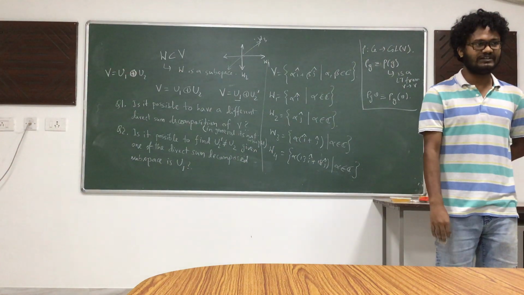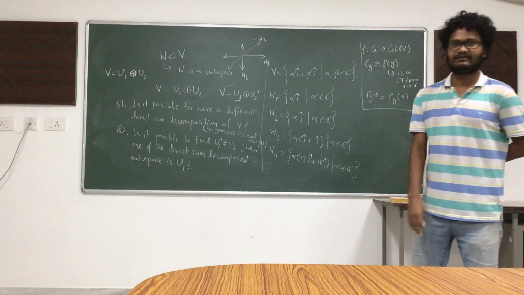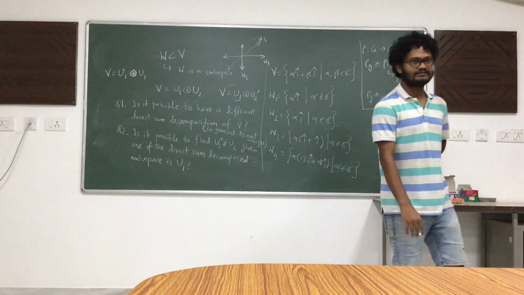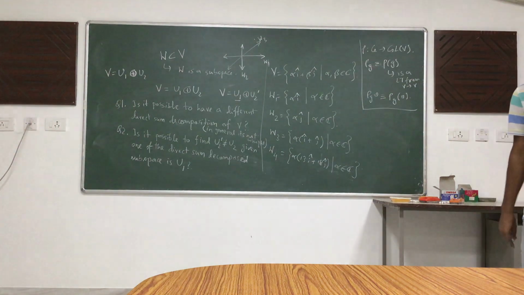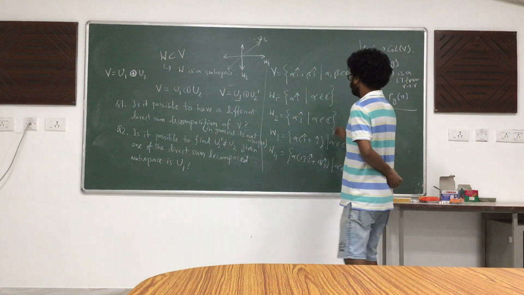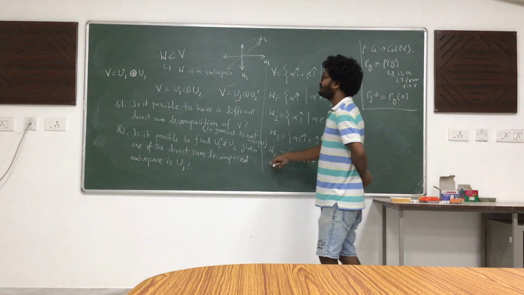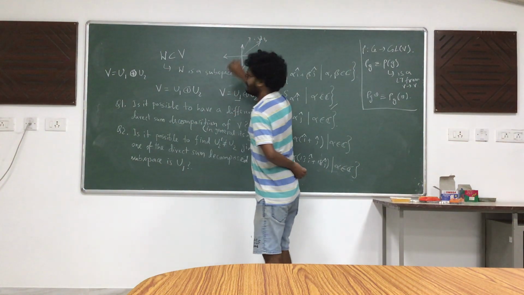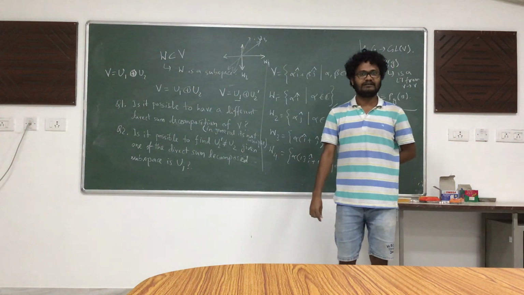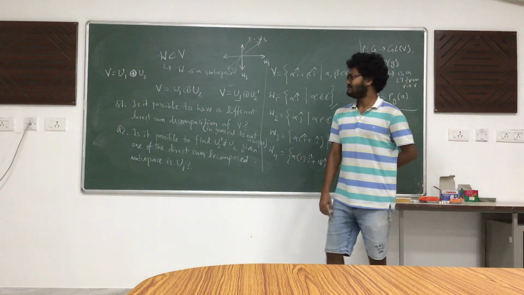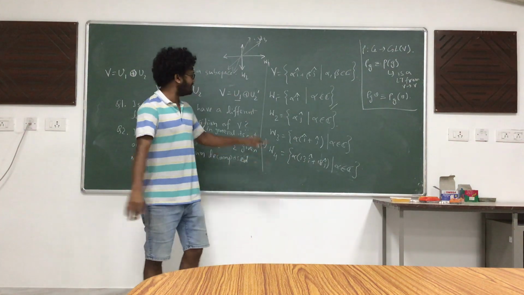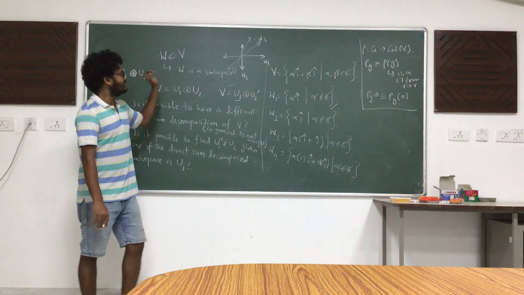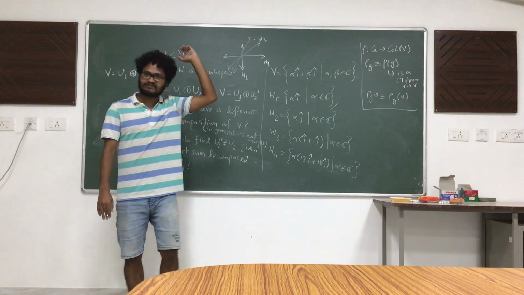And are they linearly independent, the vectors from here and the vectors from here? They are. Or maybe someone may choose W4, let us say somewhere here. That is also another subspace, which is linearly independent from the other subspace, and together they span the whole space.